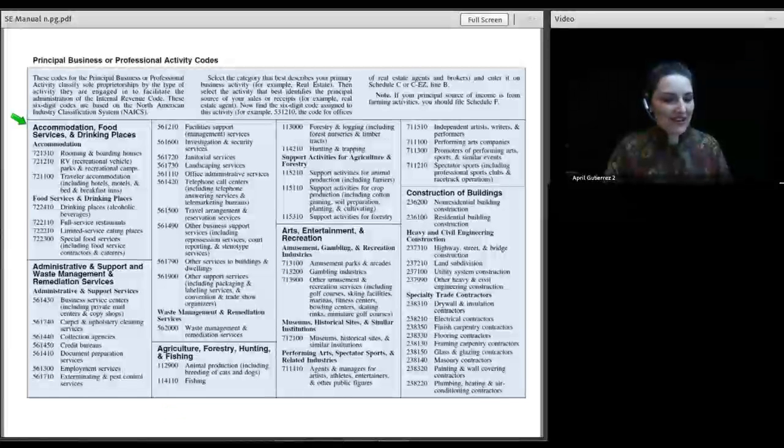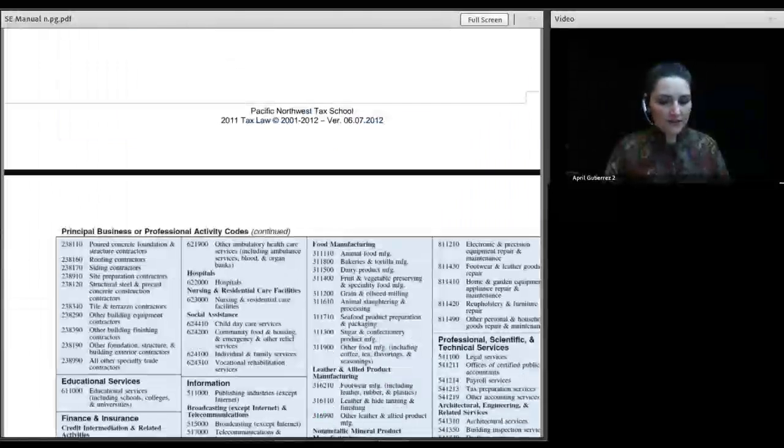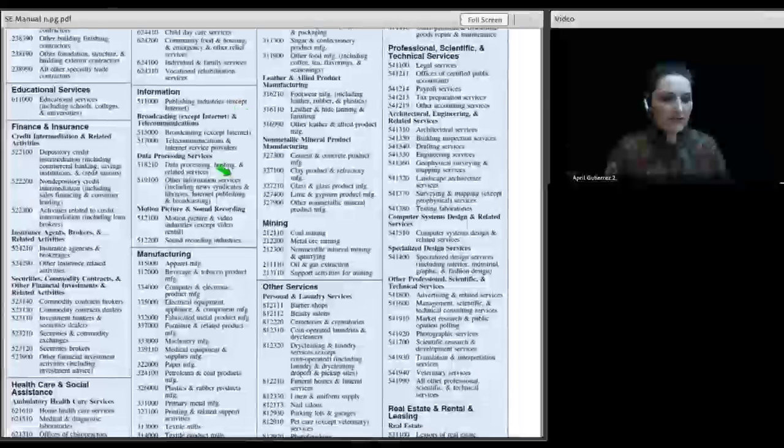But here we have accommodation, food services, and drinking places, administrative support and waste management remediation services, agriculture, forestry, hunting, and fishing, arts, entertainment, and recreation, construction of buildings, and all the different types of contractors who might be working in construction. On the next page, we have educational services.